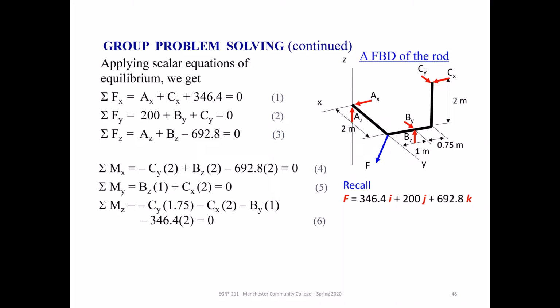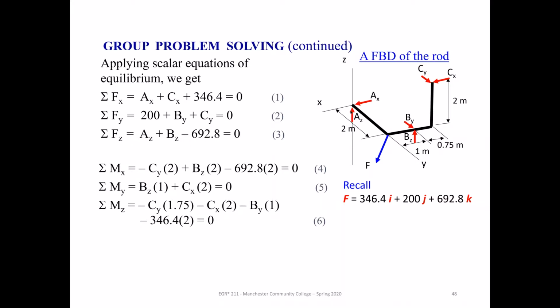All right, so now we have equations with, of course, some unknowns. What we can do is use the summation of the moments about the x-axis, starting with that first, and then do it about the y, and then about the z. So we're doing it about the x-axis. The x-axis is right here.